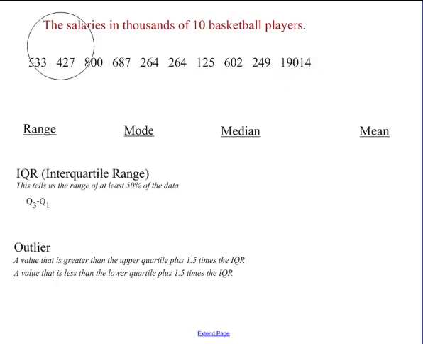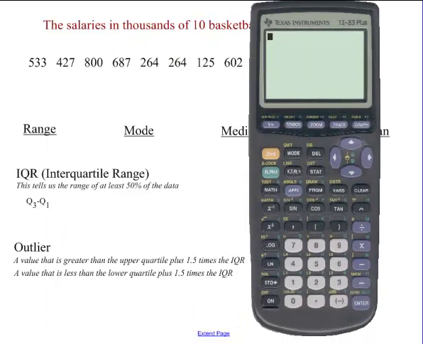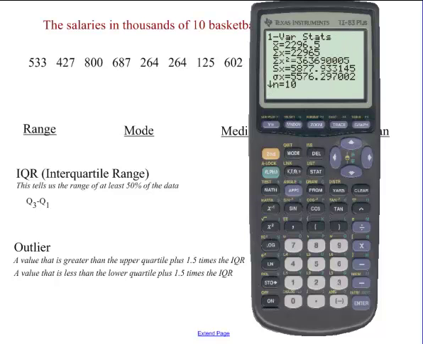So I'm going to use my calculator again. And we're going to go to stat mode, and we are going to enter all these, which you can see I have already done. That way, we let the calculator figure out all our stuff for us.